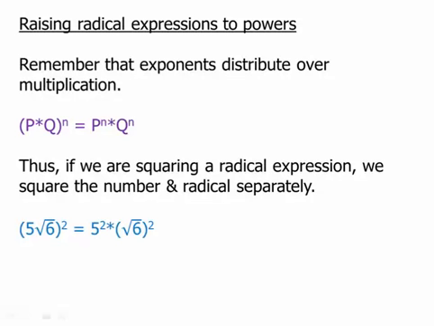Well, of course, we know how to square 5, and we know how to square the square root of 6. The square root of 6 is the number which, by definition, if you square it, you get 6. So we square the 5, we get 25. We square the root 6, we get 6. Multiply those, we get 150.